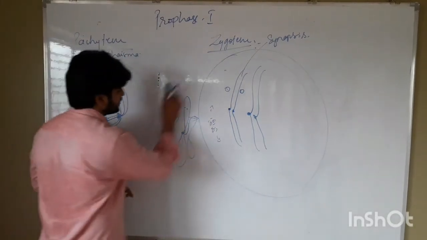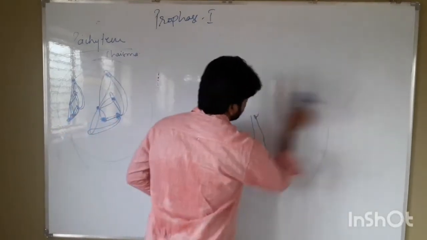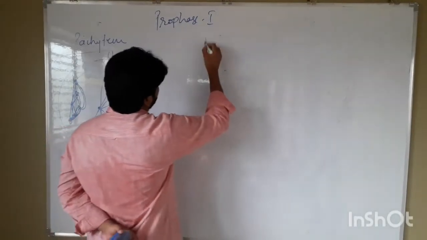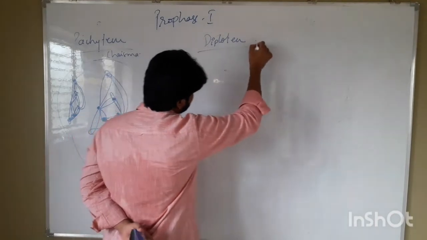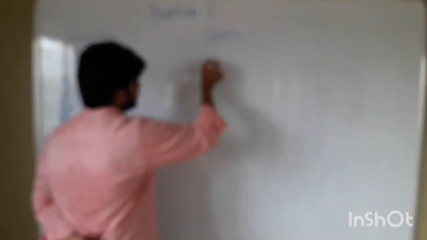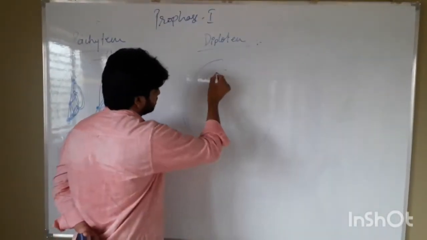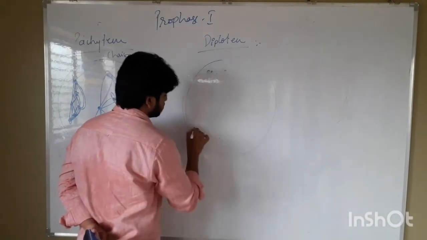After this, the cell enters the next stage called diplotene. Here the condensation is still taking place, and centrioles are still moving to their opposite poles.